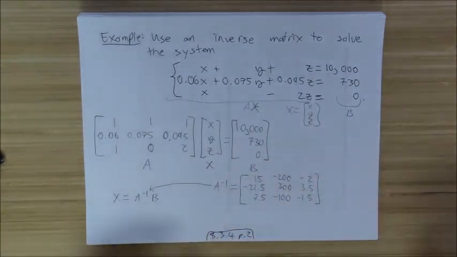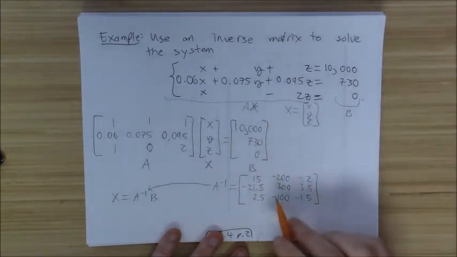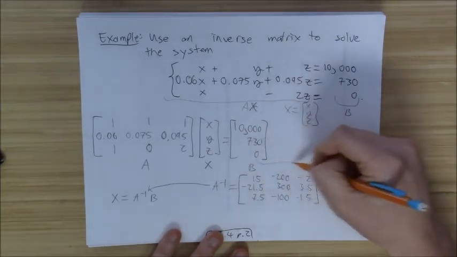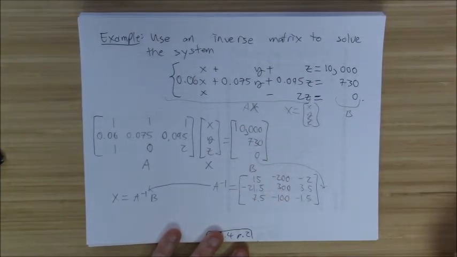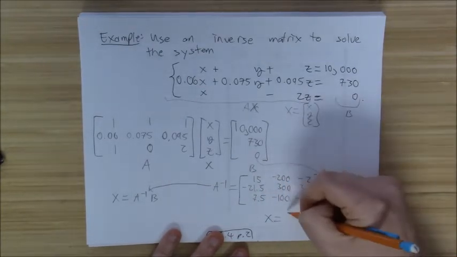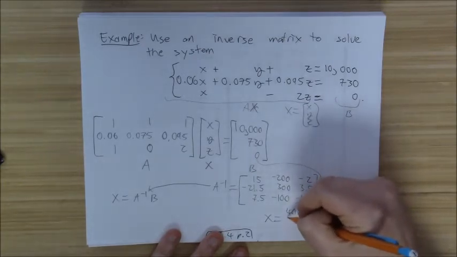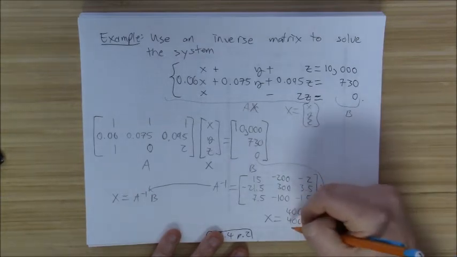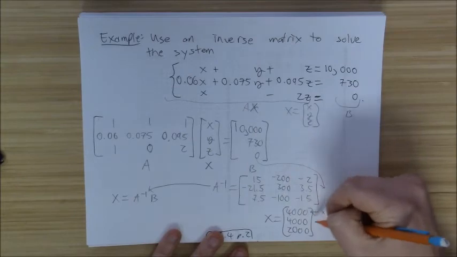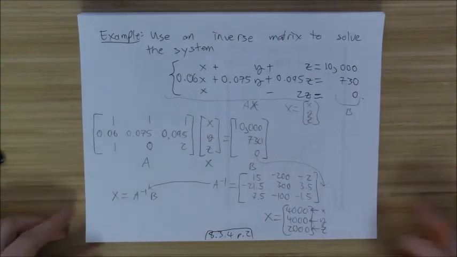If you multiply that by B, you end up with the solution X is equal to 4,000, Y is equal to 4,000, and Z is equal to 2,000. That's X, that's Y, and that's Z. And you could always check that as well.